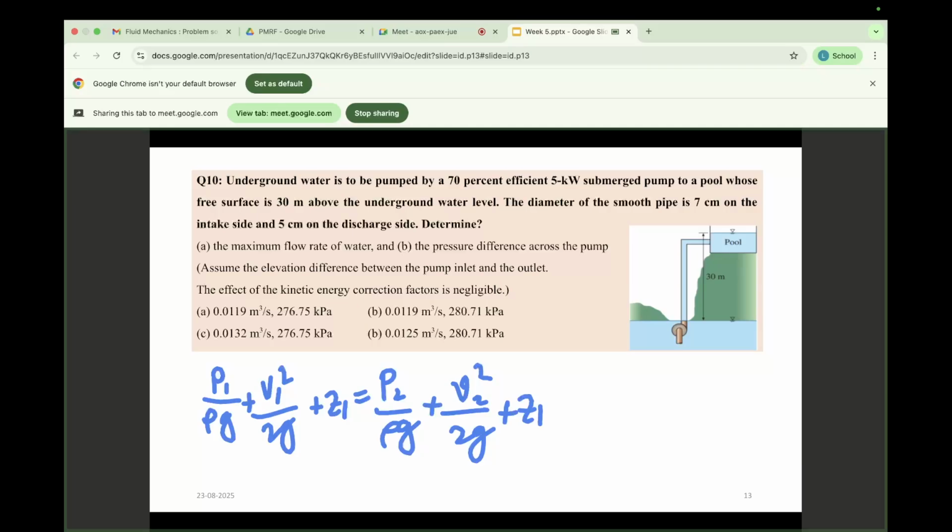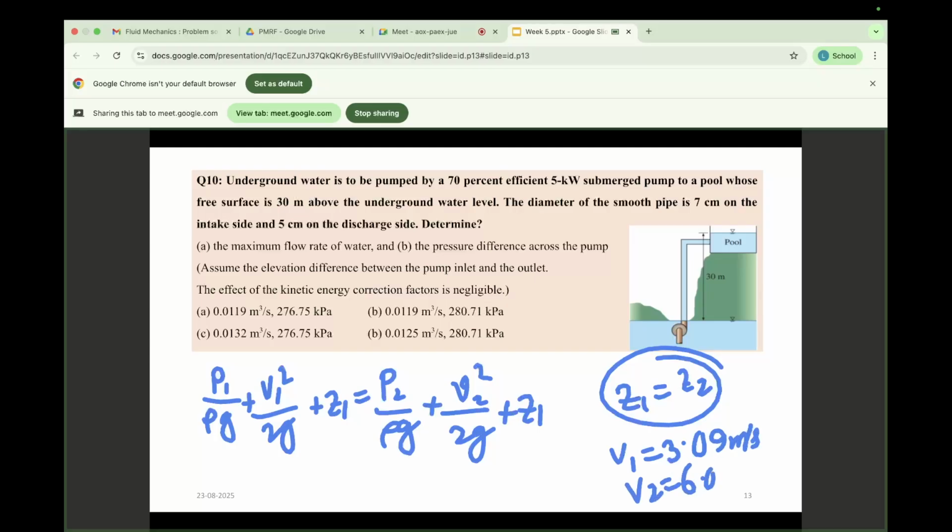So any details about this there? Nothing is given. That means we have to consider both these things should be equal, right? So I consider this Z1 equal to Z2, and I also got this V1 is 3.09 meter per second, and V2 I have got as 6.06 meter per second, right?